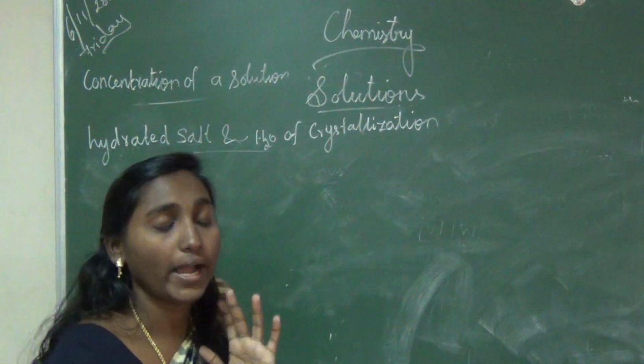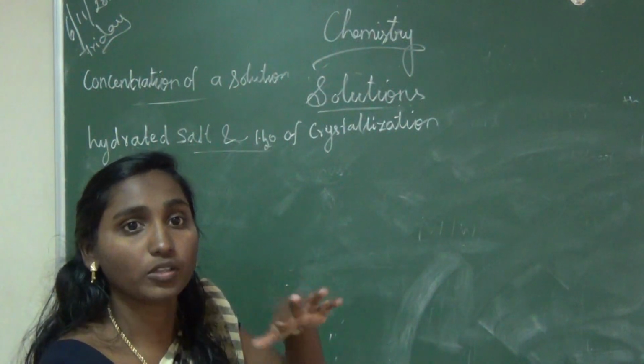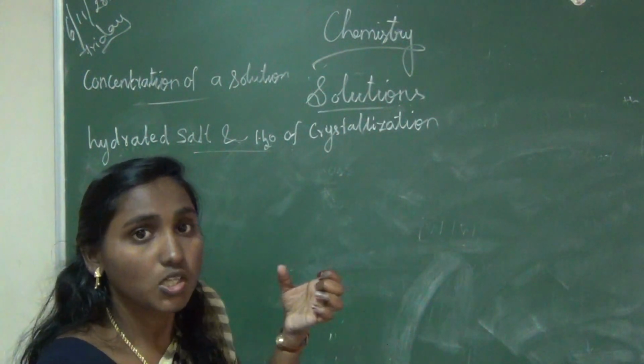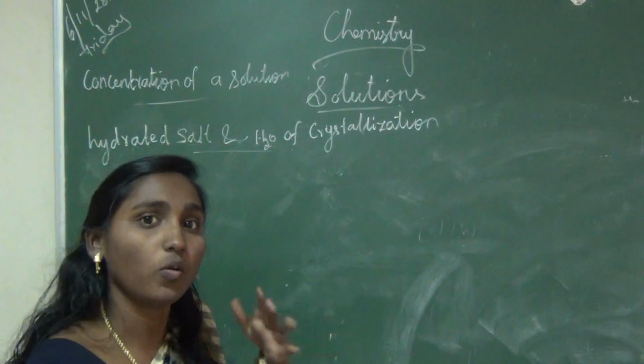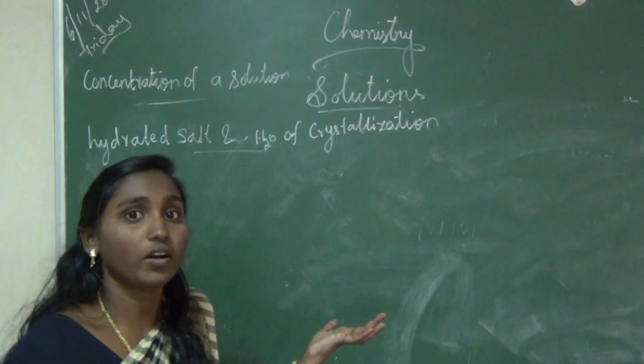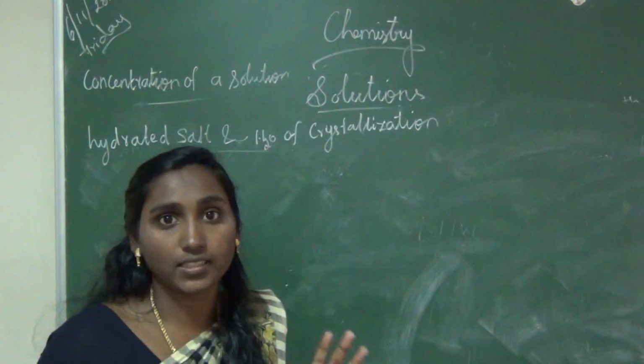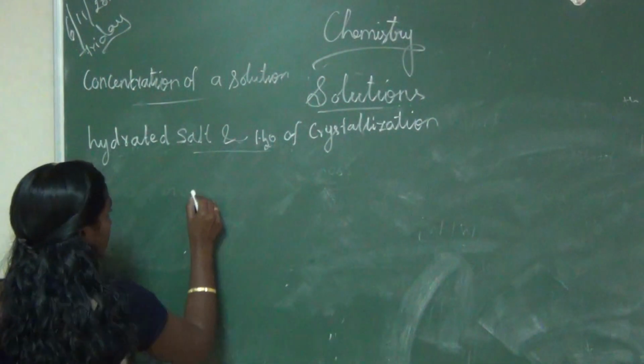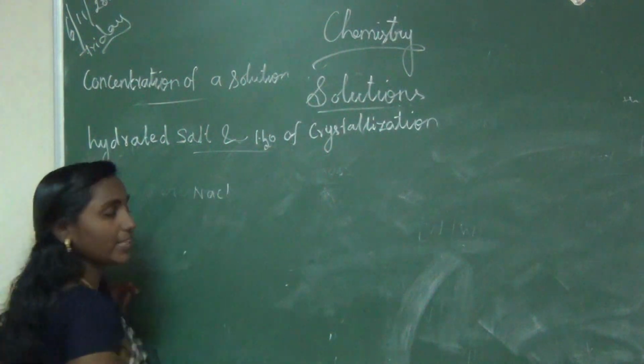Salt means you can think of common salt, right? Sodium chloride. Any one salt you can think of. Calcium sulfate is also a salt. Magnesium sulfate is also a salt. We know one common salt, that is sodium chloride, NaCl.